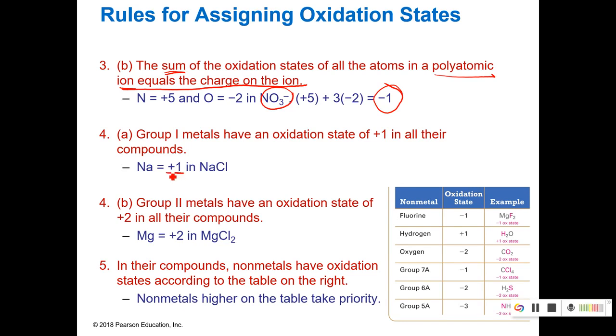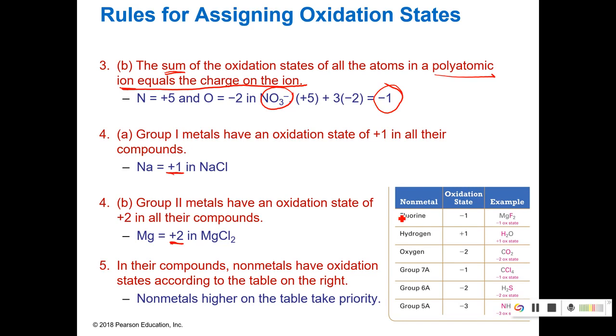Group 1 metals are always +1. Group 2 metals are always +2. Rule 5 is using this table, and the table goes in order. So these rules 1 through 4 are always rules. Rule 5, if something else is in rule 1 through 4, it takes precedence.